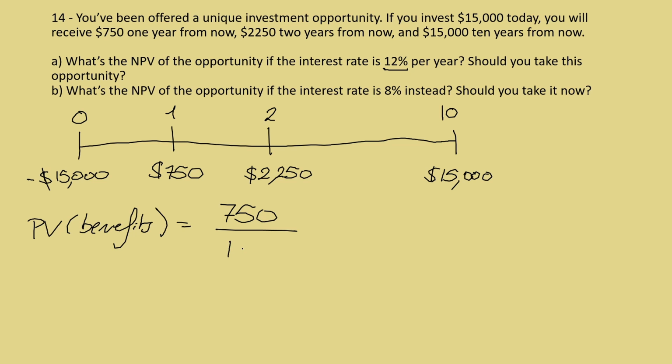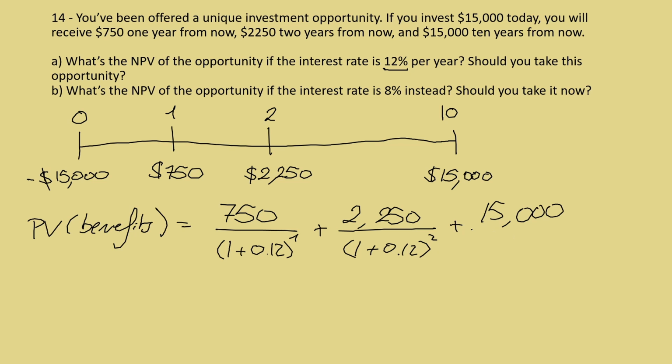So 1 plus the interest rate, 12%, so in decimal place is 0.12, to the power of the period, so 1, plus the second period, so 2,250 over 1 plus the interest rate to the power of 2. And then finally, in the 10th year, we get 15,000 and we discount it to the interest rate to the power of 10, right?